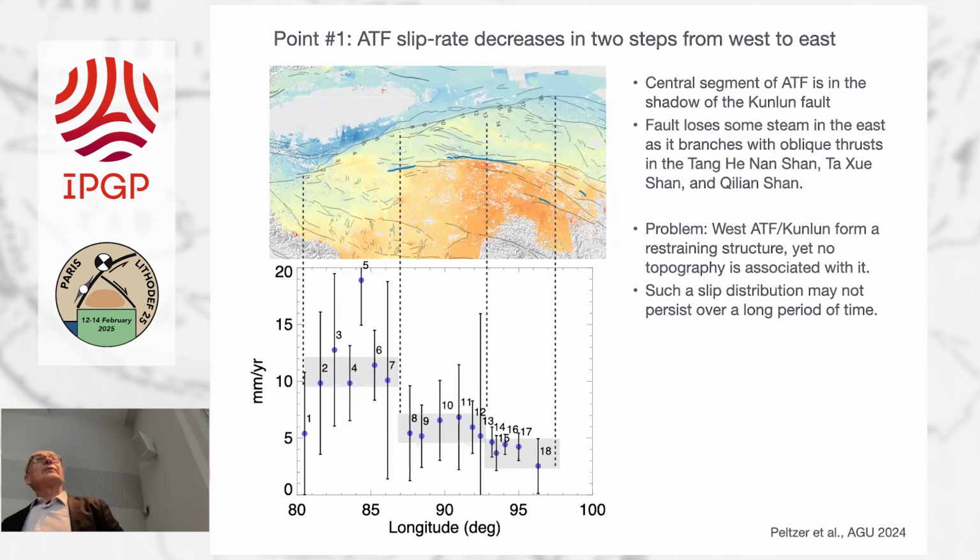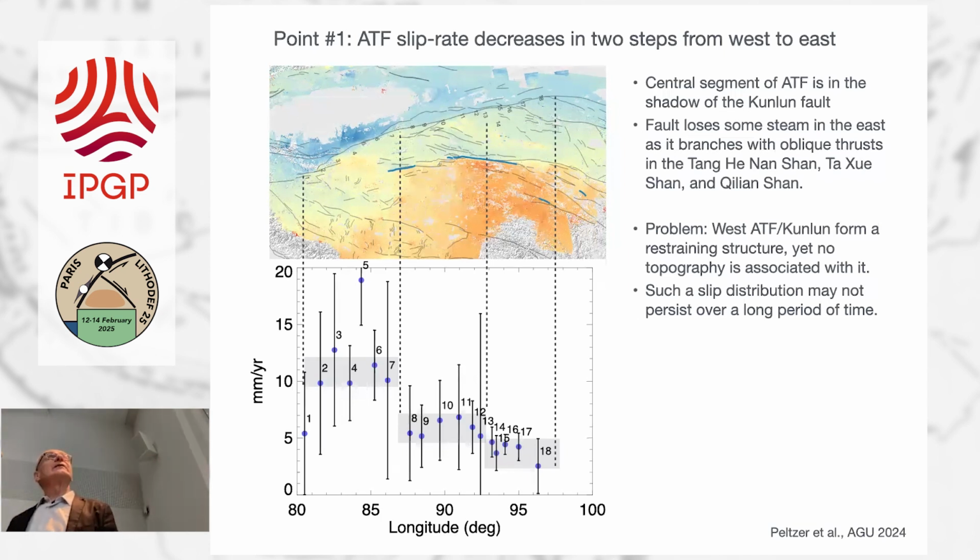That drop in velocity is understandable by the connection with this fault, but the drop in the central part is a little bit of an enigma because there is no major fault connecting directly with it. There is just the presence of the Kunlun fault below.